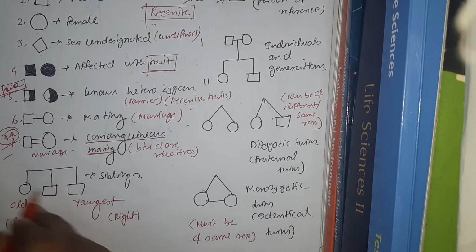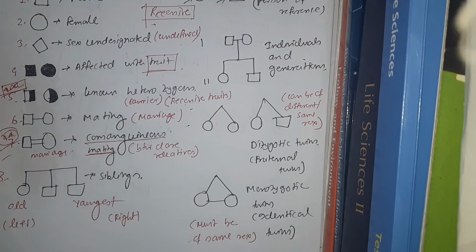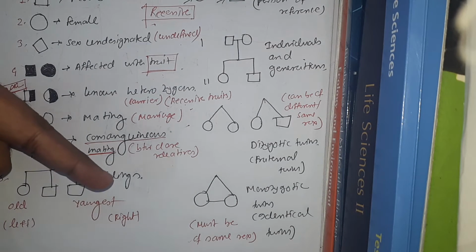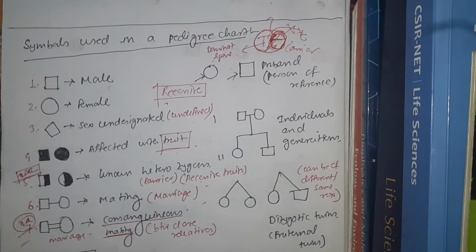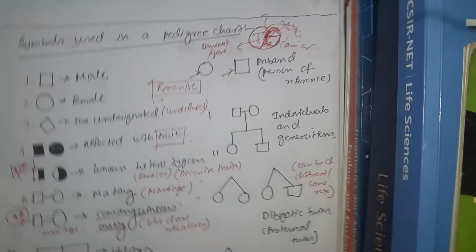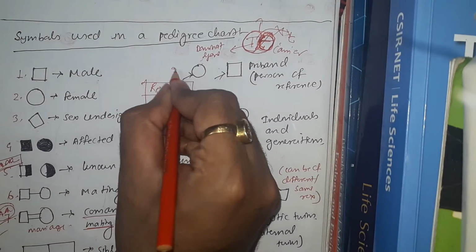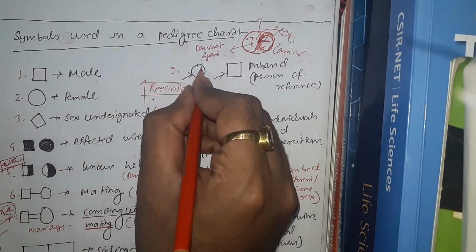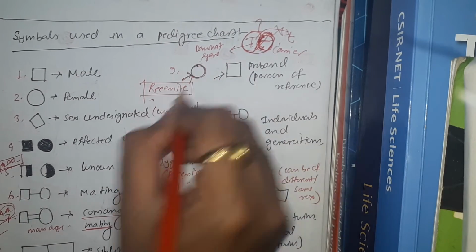Now this symbol simply tells us about siblings, and the sibling present on the left will be older, and the sibling present on the right will be youngest, as I have written here. Now let's move to the ninth symbol, where you can find an individual pointed out with an arrow.